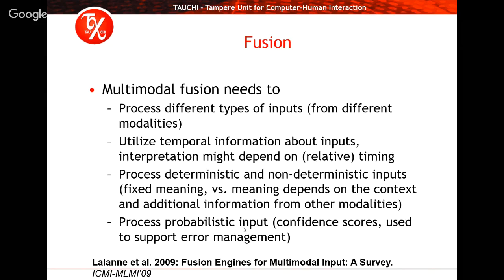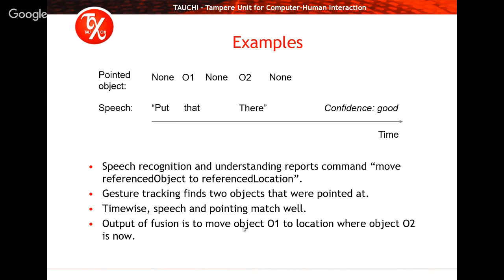There will be some examples which hopefully explain all of these. So I have put here a couple of different examples. This is quite simplified. Basically, the pointing information, in this case, I imagine it would be a stream of pointing, but whenever the user is pointing at some object, that is marked as a separate event.